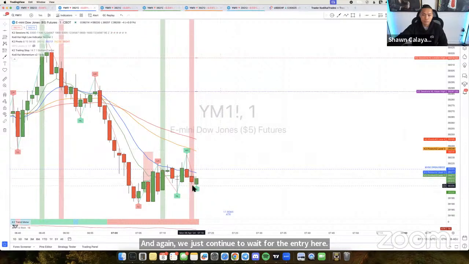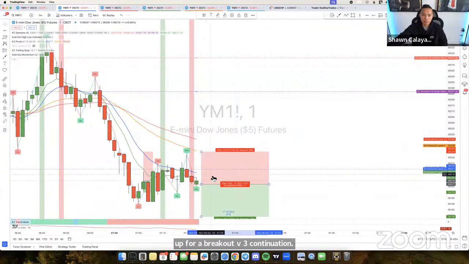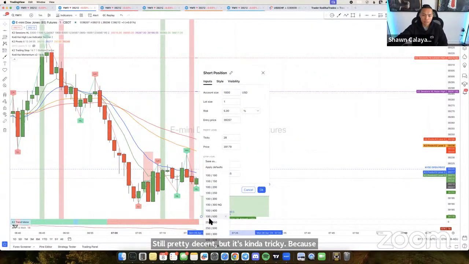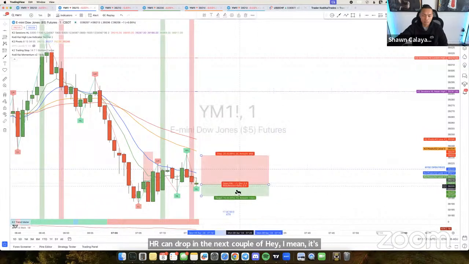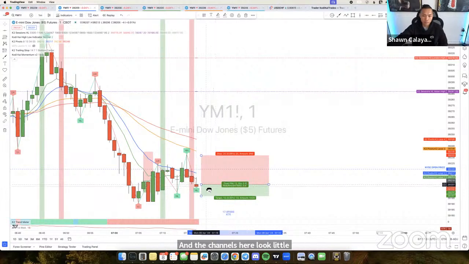All right, so for this right here, this could be setting up for a breakout V3 continuation. The ATR is still pretty decent, but it's kind of tricky because the ATR can drop in the next couple. I mean, it's dropping right now, as you guys can see. The candles here look a little blocky, so I don't know if this is going to be clear for it to be a red candle or not.